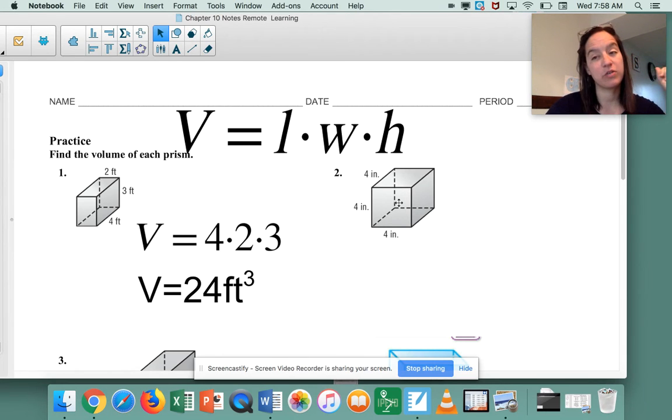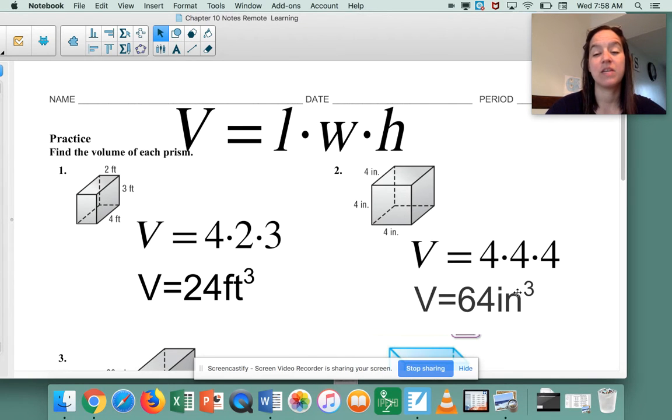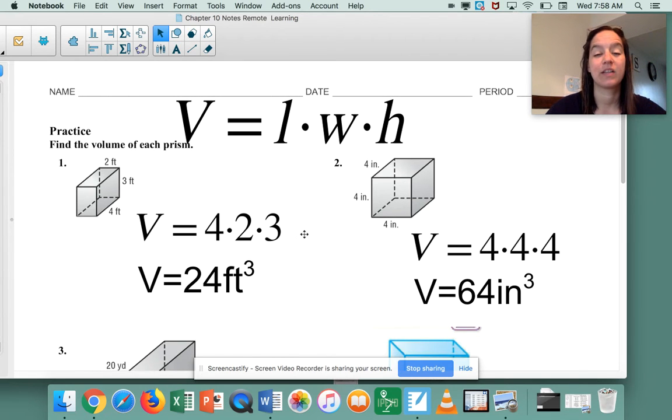Number 2 is a special rectangular prism. It is a cube. I know it is a cube because all of the edges of the three-dimensional figure are all equal. So here, volume equals 4 times 4 times 4, which gets me a volume of 64 inches cubed.